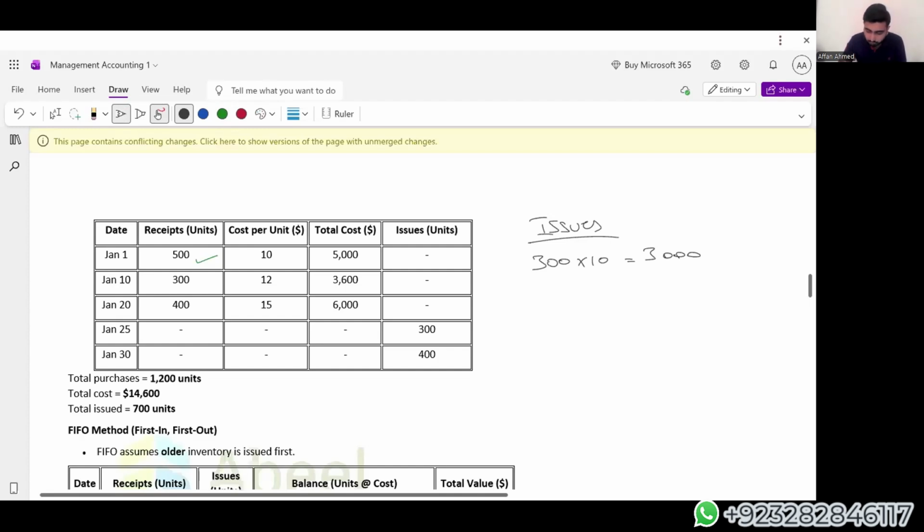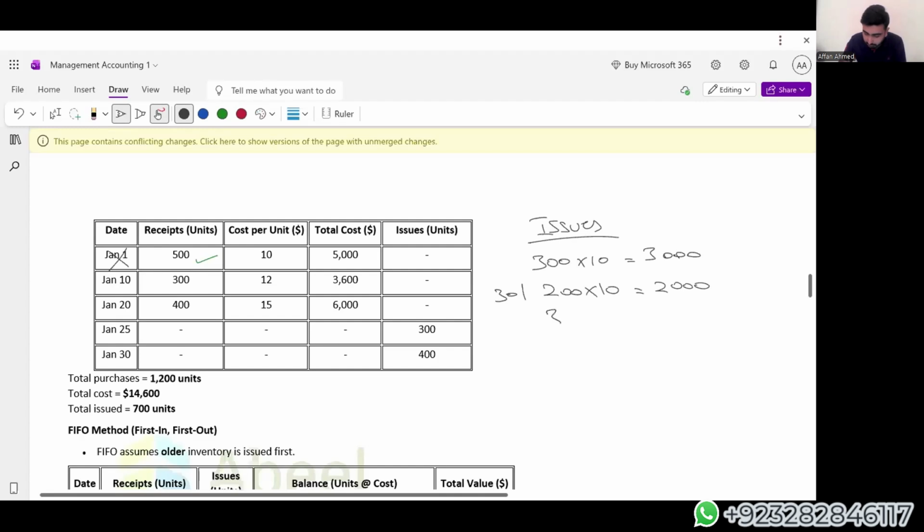So what do I have to do for the next issue that is on 30th Jan? I have to give 200 units out of 10. So my first is crossed out. January 1st is crossed out. That means 2,000. And the next 200 is to be given at the price of 12. The 300 units that were bought on January 10th are to be used here.